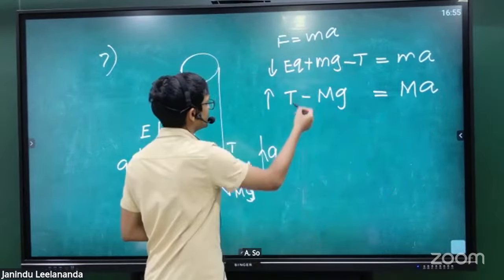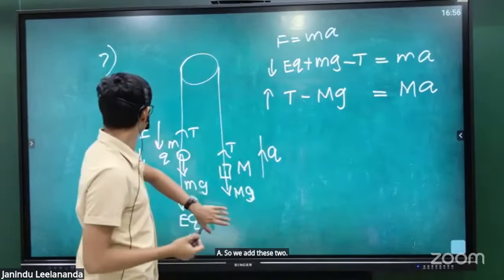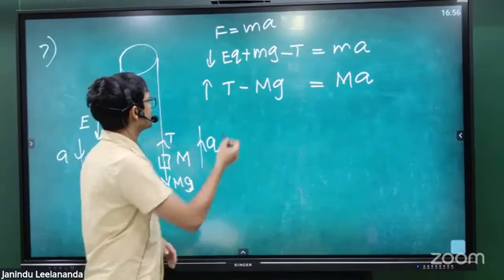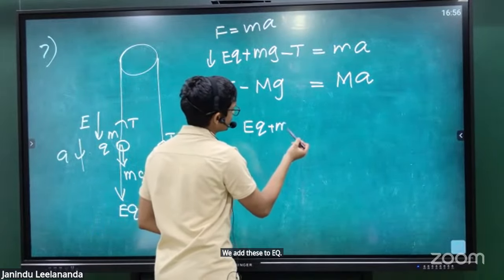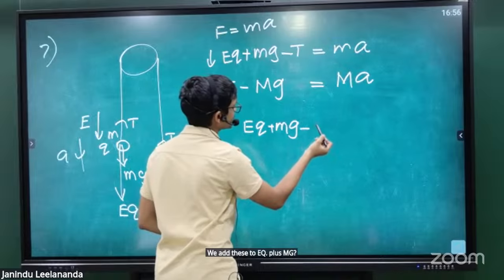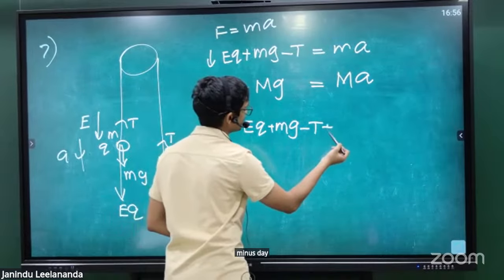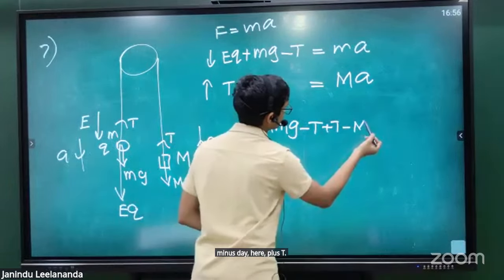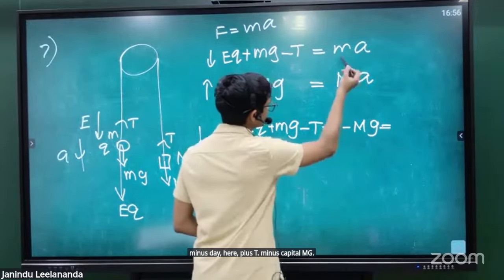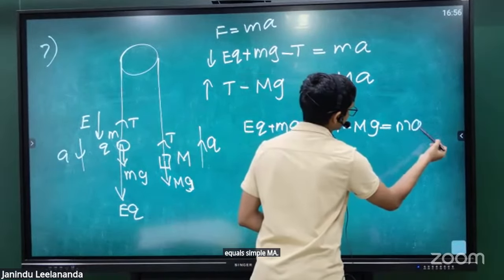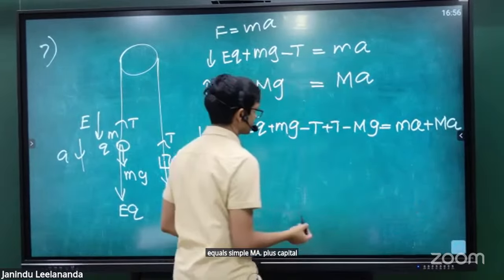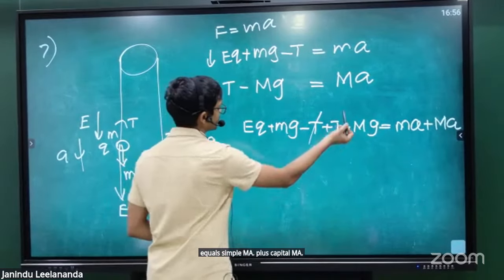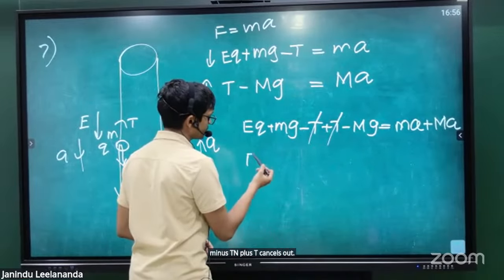So we add these two. EQ plus mg minus T, here plus T minus capital Mg equals small ma plus capital MA. Minus T and plus T cancels out.